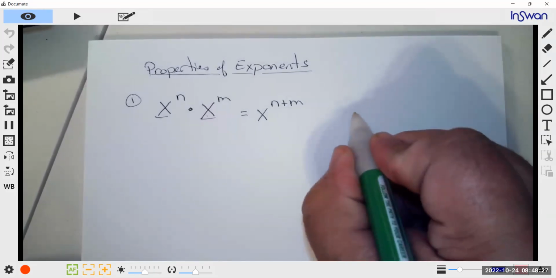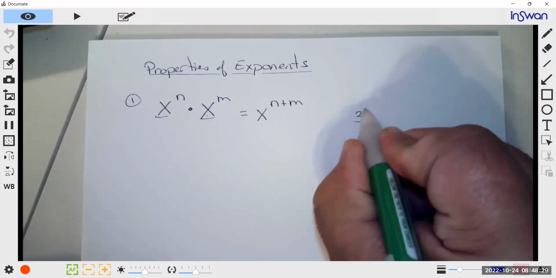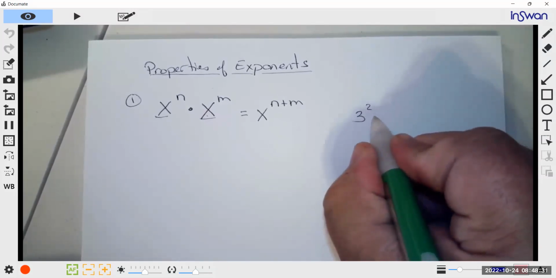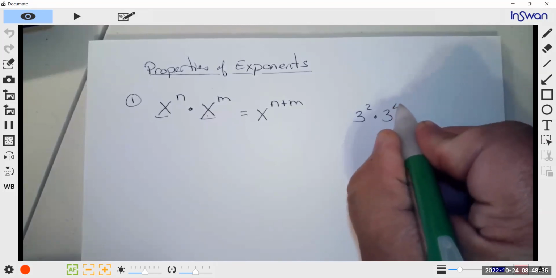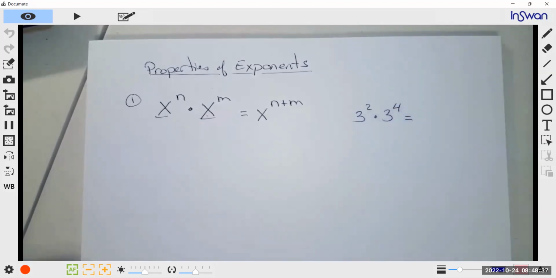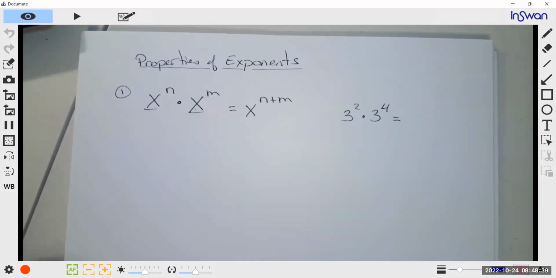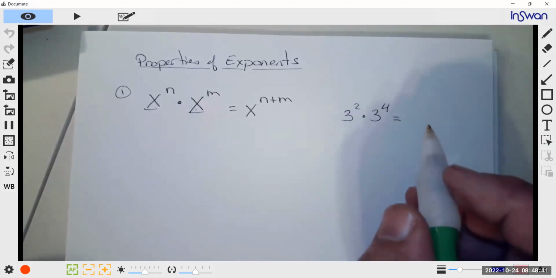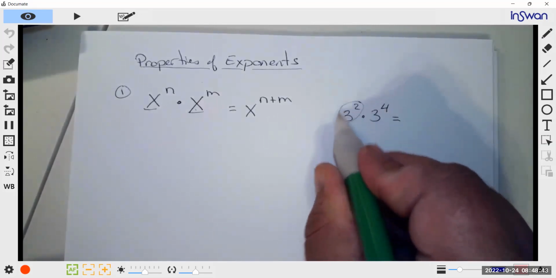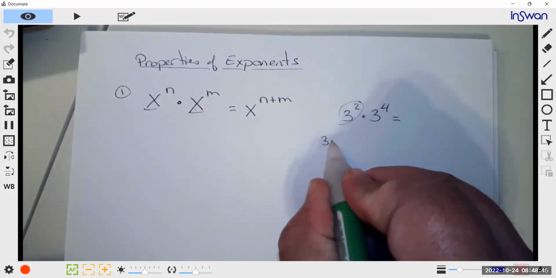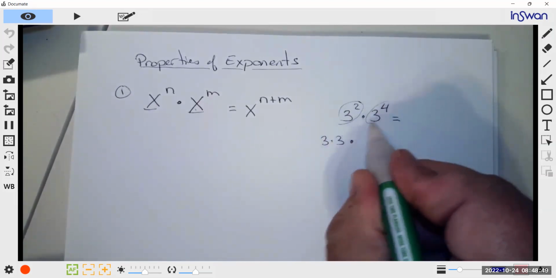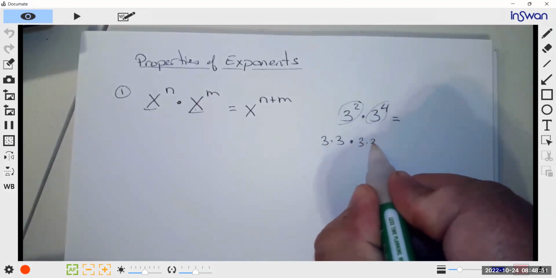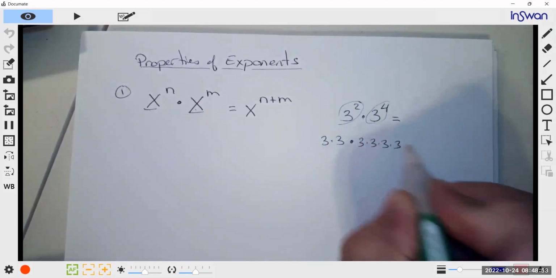So let's see what that means. 3 squared times 3 to the 4th. So what 3 squared means is 3 times 3, times 3 to the 4th is 3 times 3 times 3 times 3.